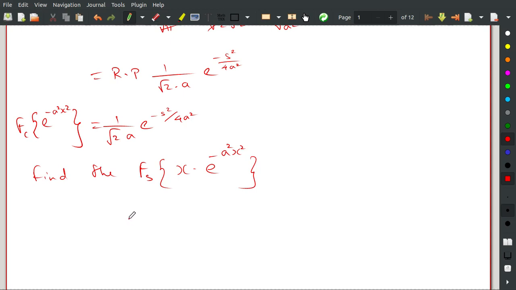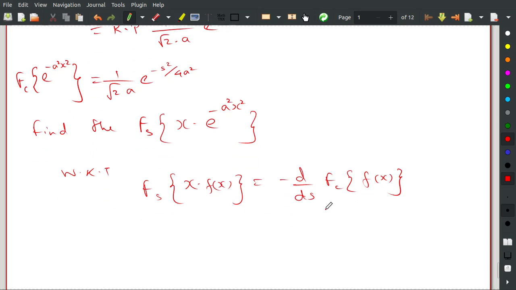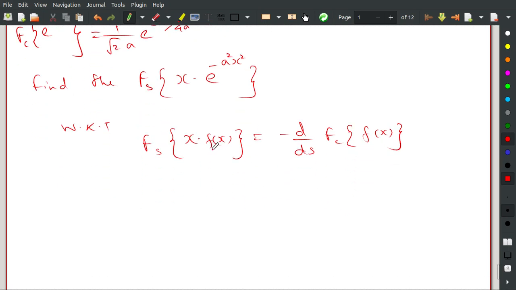So we know already that the Fourier sine transform of x into f of x is nothing but minus d by ds of the Fourier cosine transform of f of x, right? We have already proved this one. So here if we consider, instead of f of x we have e power minus a square x square.